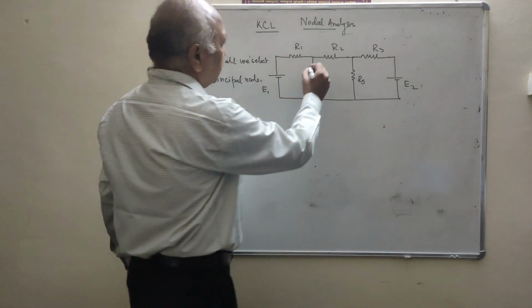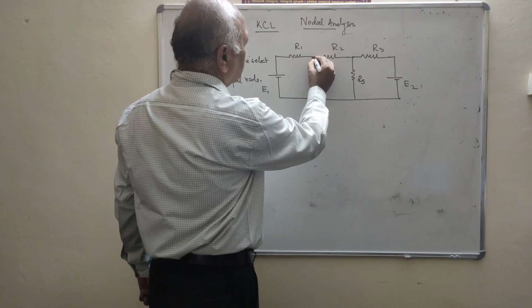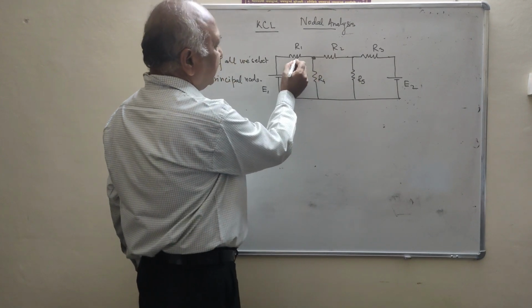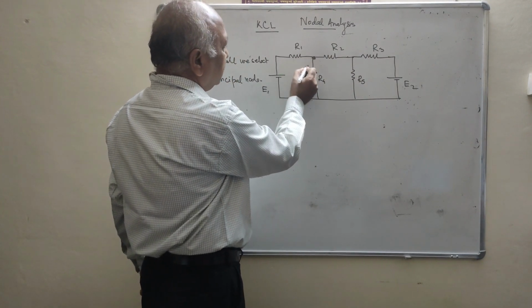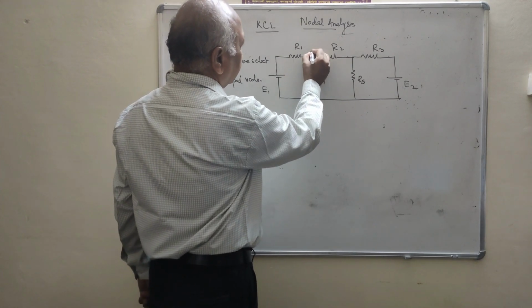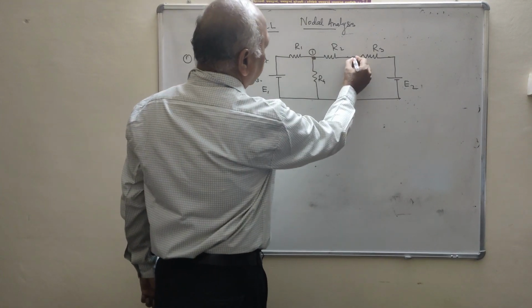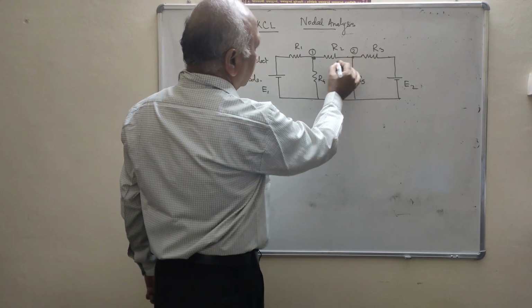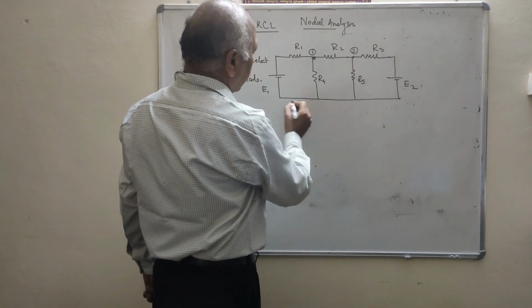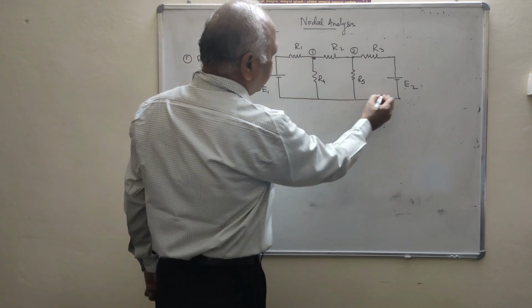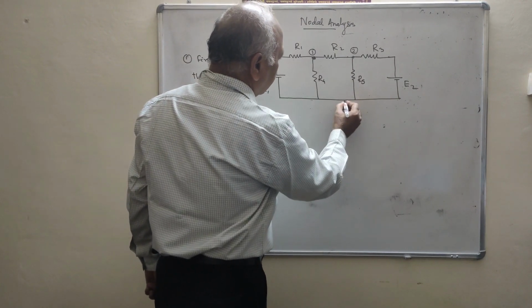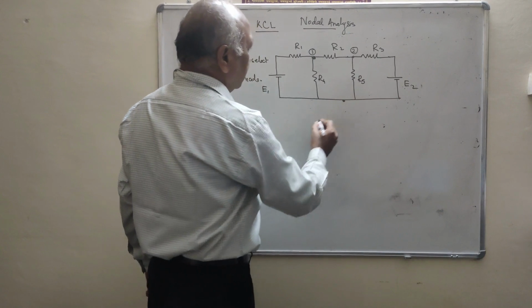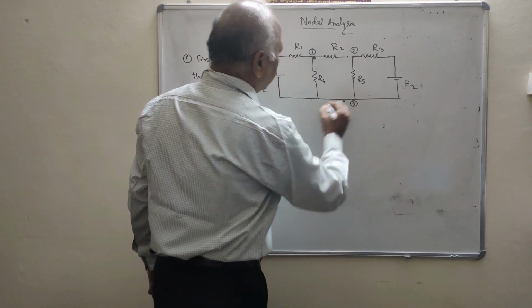Now you will see this is node 1. How many branches are meeting? 1, 2, 3. Second, this is node 2. Here also 3 branches are meeting. And here 1, 2, 3, 4, and this is the 3rd node. Clear? That means there are 3 nodes.